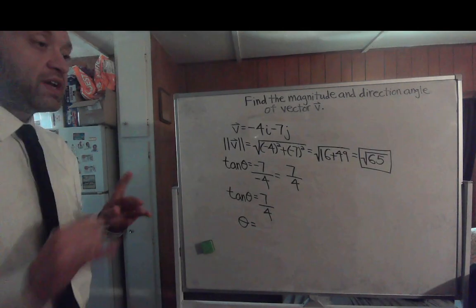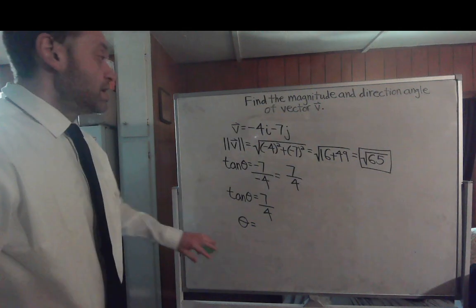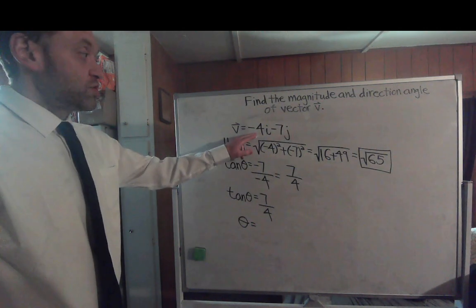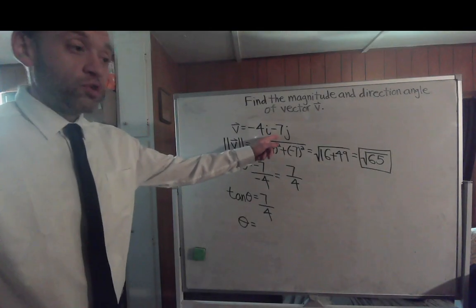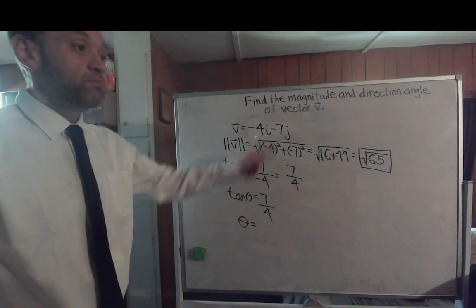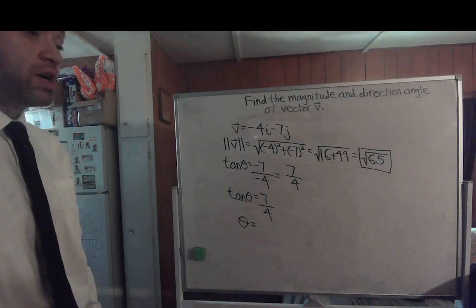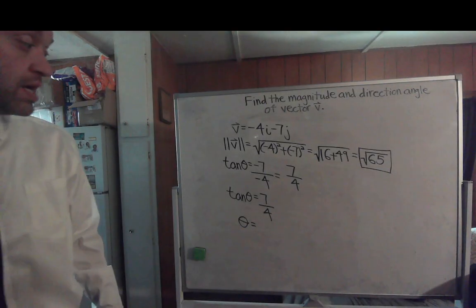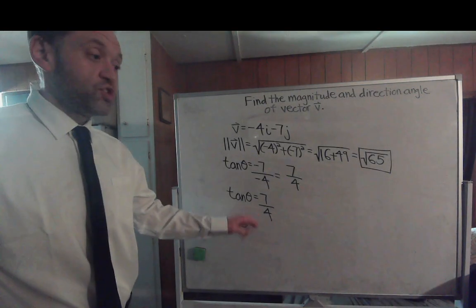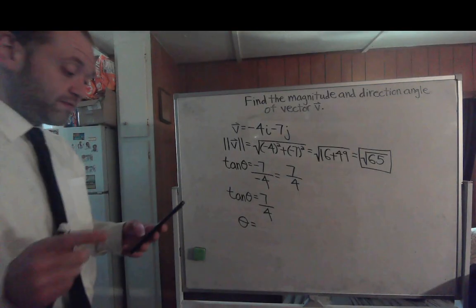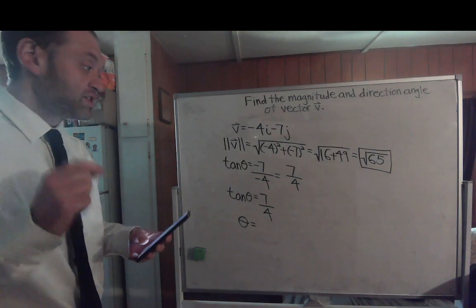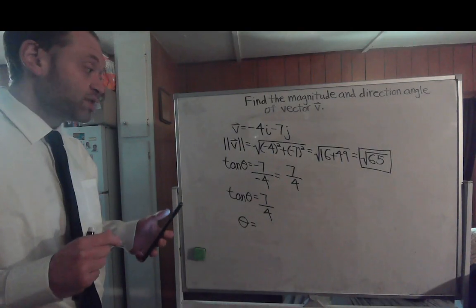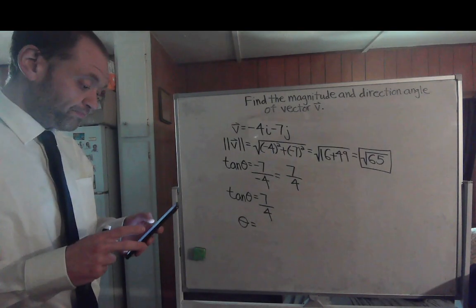Now, here's the thing. If we look at our original vector, both your x and your y components are negative, which means it's going to be in the third quadrant. So we're actually going to have a third quadrant angle. When you take the inverse tangent of a positive number, you end up in the first quadrant. So whatever result we get, we're going to have to add 180 degrees to that.